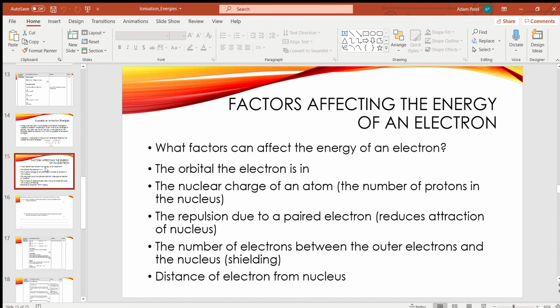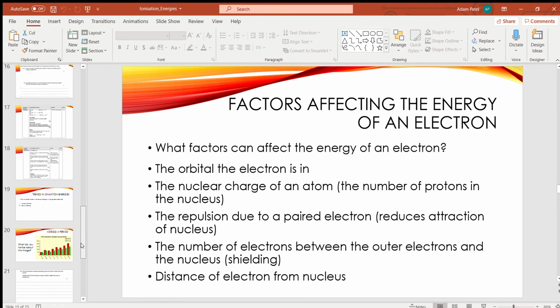In the same way, group 7 elements become less reactive as you go down the group, because there's more shielding between the nucleus and the outer electron, as you've got more and more shells. Therefore, it's harder to gain an electron, because the attraction of the nucleus becomes weaker and weaker as there becomes more shielding.